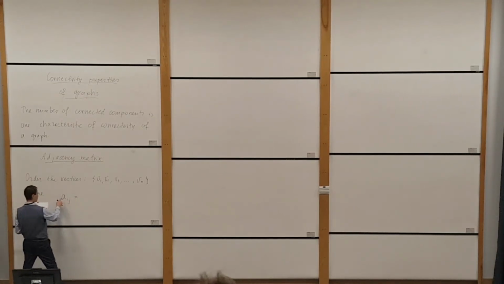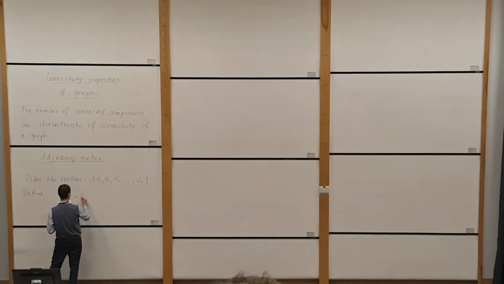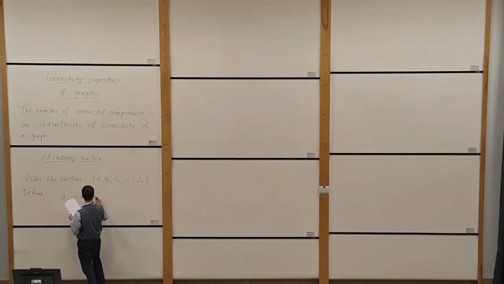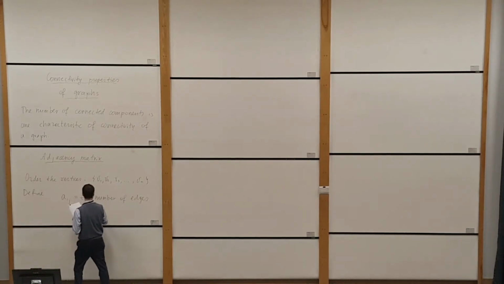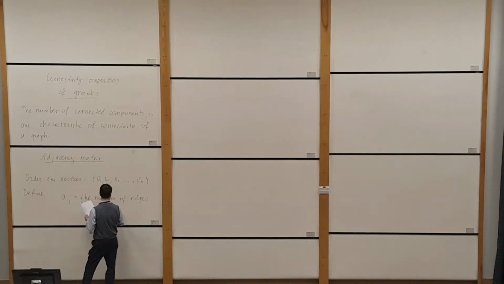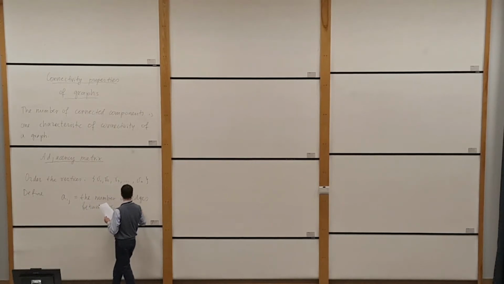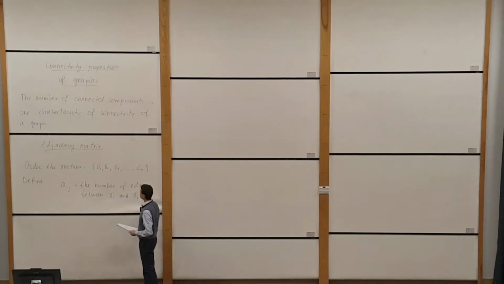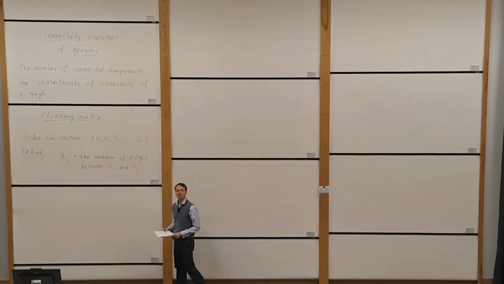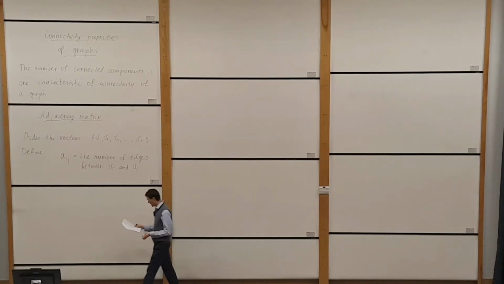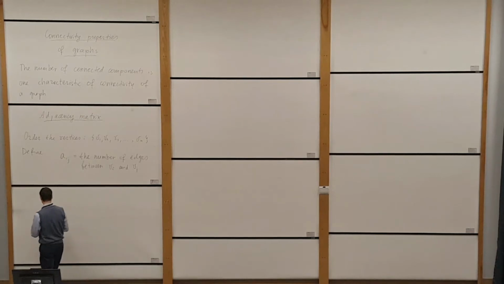This quantity a_ij equals the number of edges between v_i and v_j. The index i labels one vertex and the index j labels another vertex.